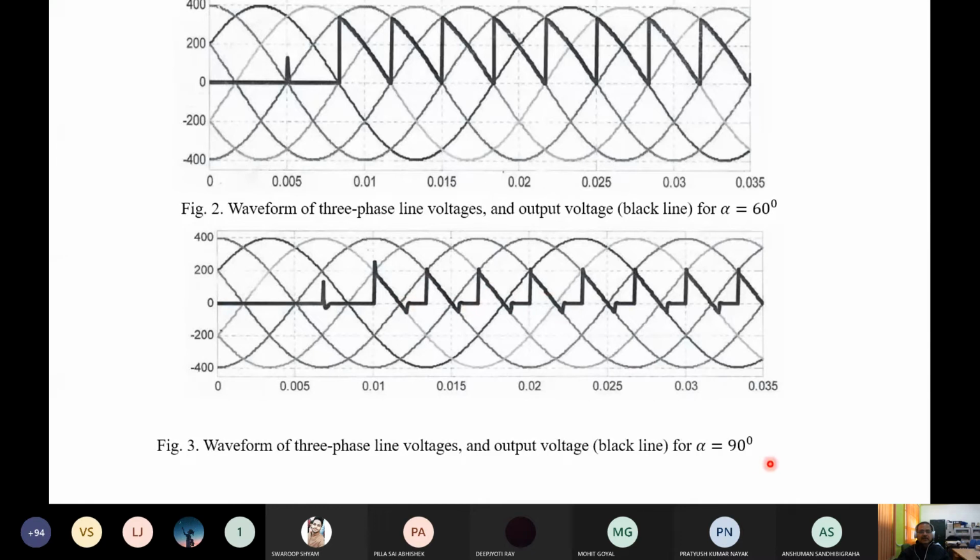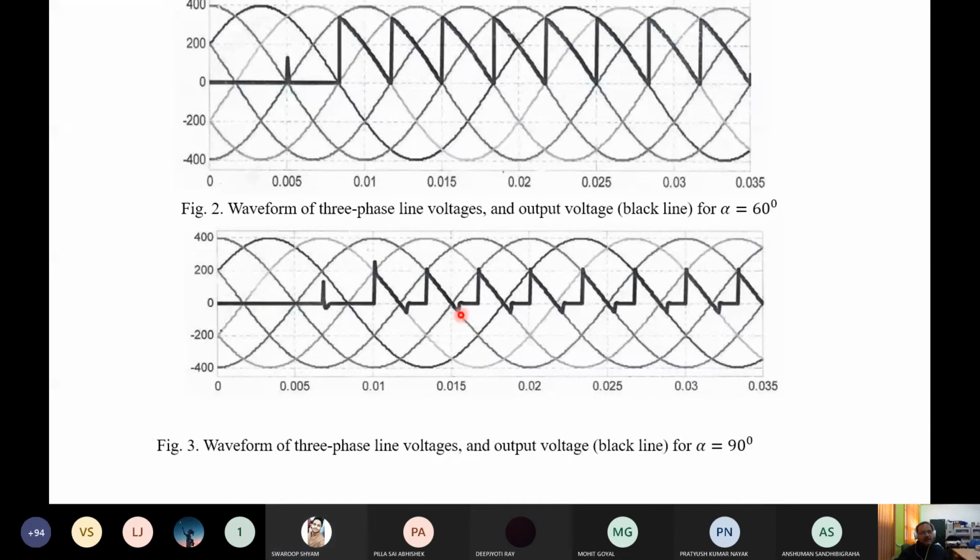There is a discontinuity when alpha is greater than 60 degree. Note down this. That is complex load. This negative is coming, na? So this is coming due to inductor.